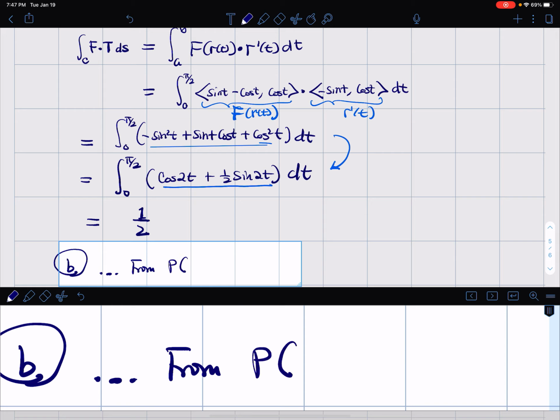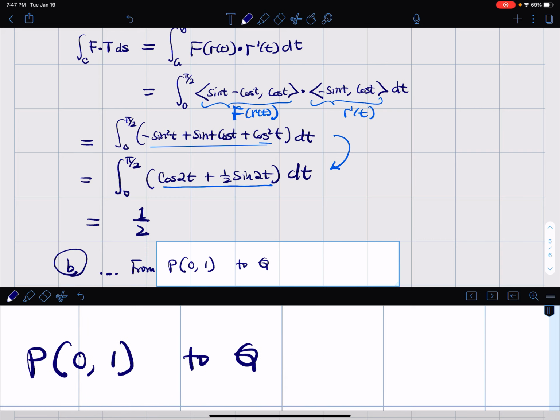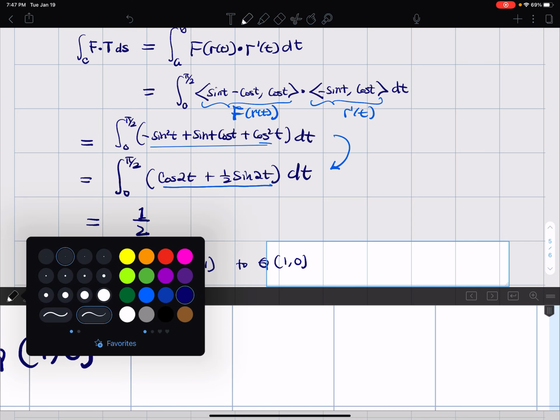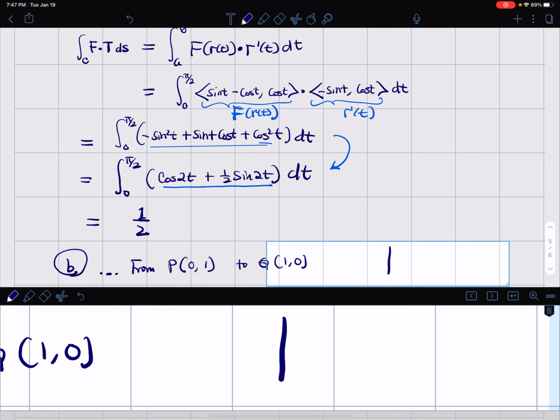From P, which is 0, 1, to Q, which is 1, 0.